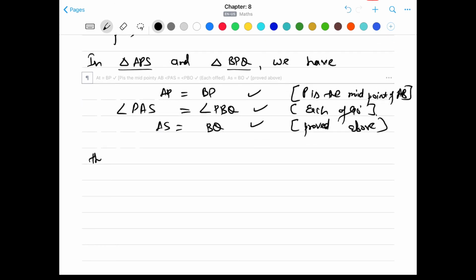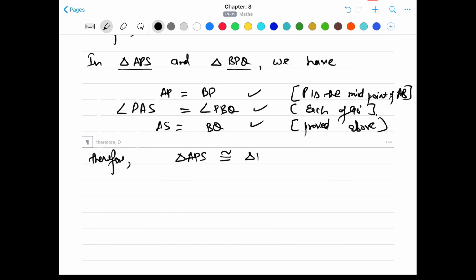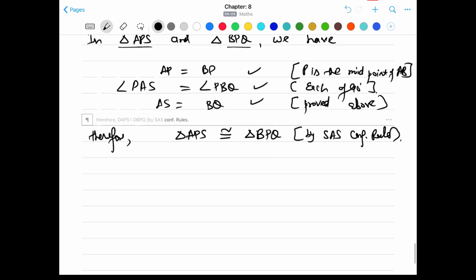Therefore triangle APS is congruent to triangle BPQ, by the side angle side congruence rule.